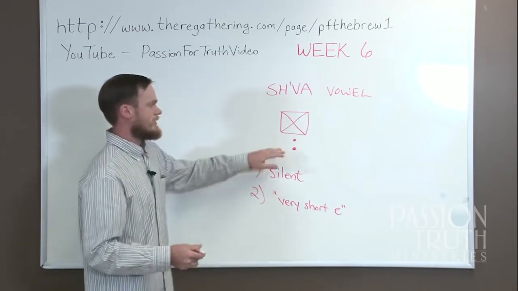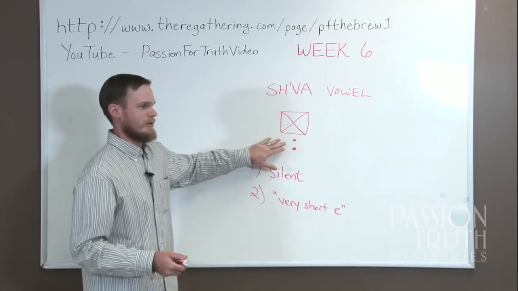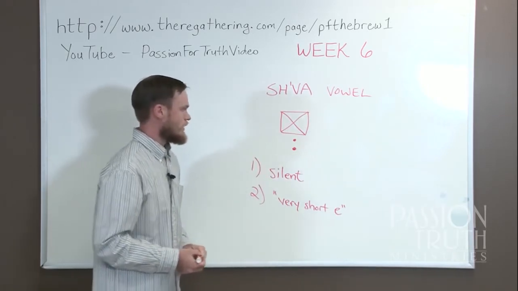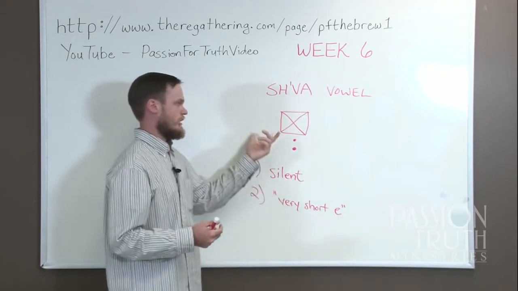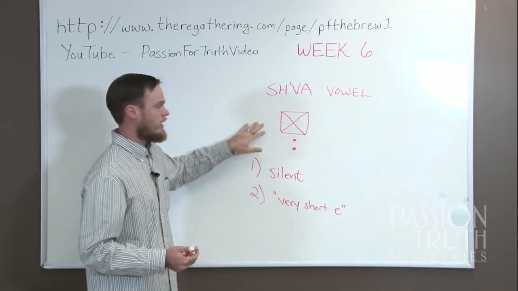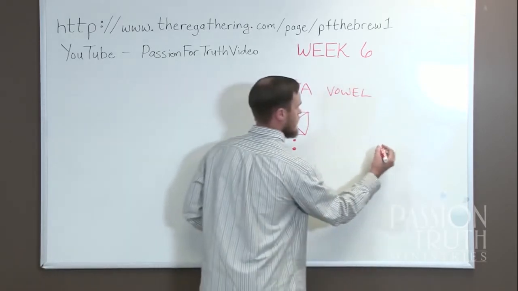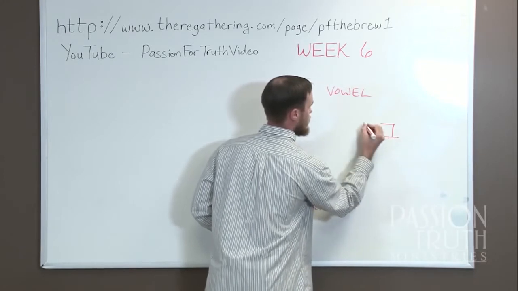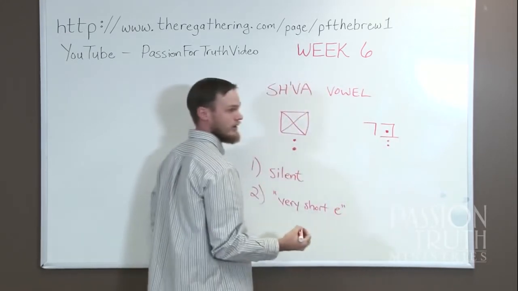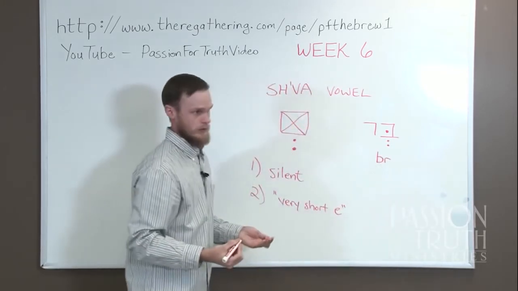So, for all intents and purposes right now, you can think of the shva as representing the absence of any other vowel sound. So when you see two letters adjacent to each other, and a shva is under the first of the two letters, just run those letters together. So if you see a bet followed by a resh, and there's a shva under the bet, think of this as BR as in brown.